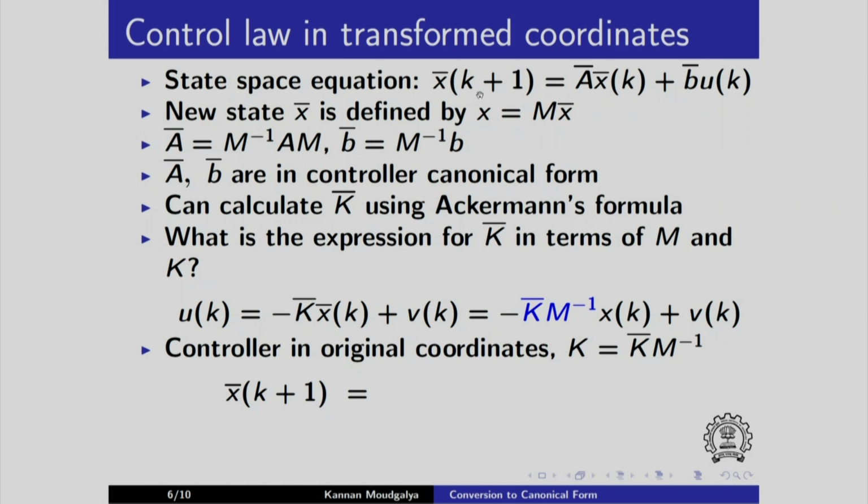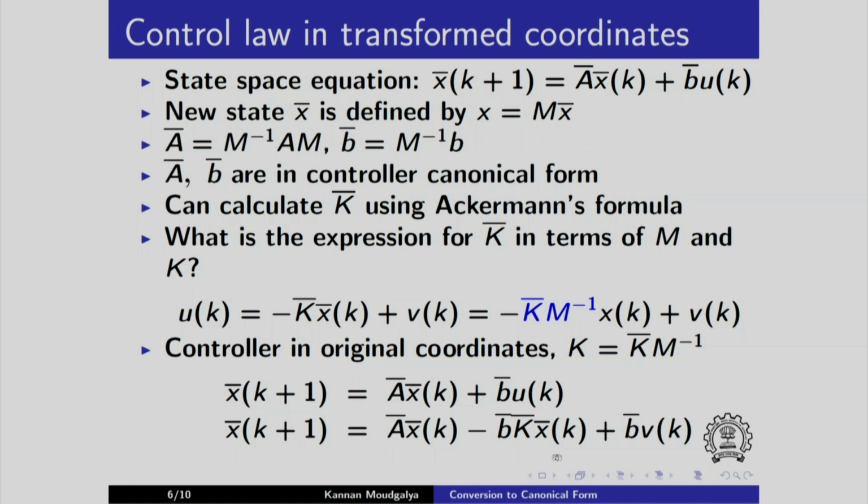So let me go back and substitute all this, x bar of k plus 1 equals this expression, and let me substitute for u of k, which is minus k bar x bar of k, and then v of k.